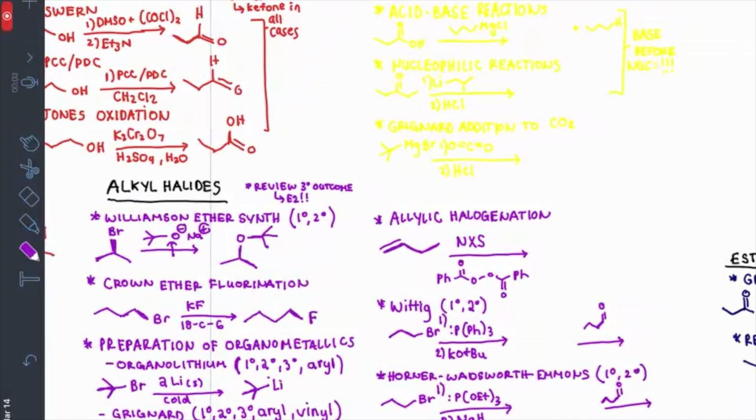We can do something similar for Grignard. So we just use this on primary, secondary, tertiary, aryl or vinyl alkyl halides. And then from there, we create our Grignard. So we attach a magnesium, and the bromine from that alkyl halide will stay.